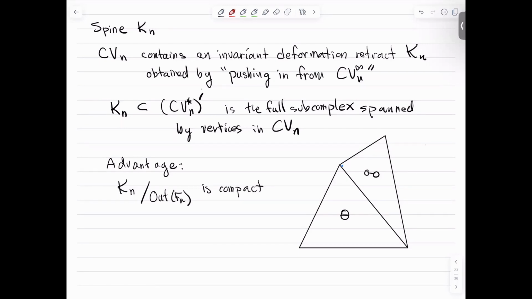So what is this spine? How do you get it? Well, you take the barycentric subdivision of the simplicial closure. So all these simplices get barycentrically subdivided.